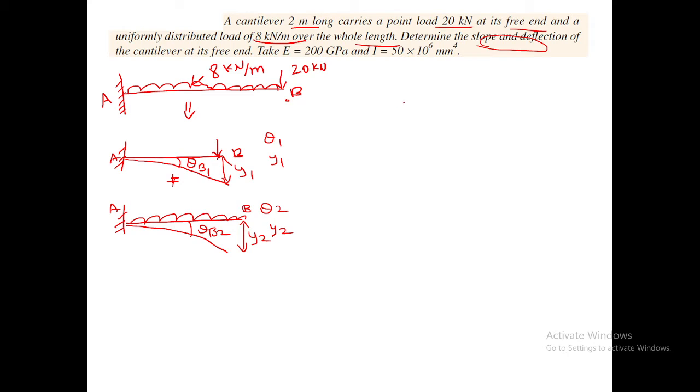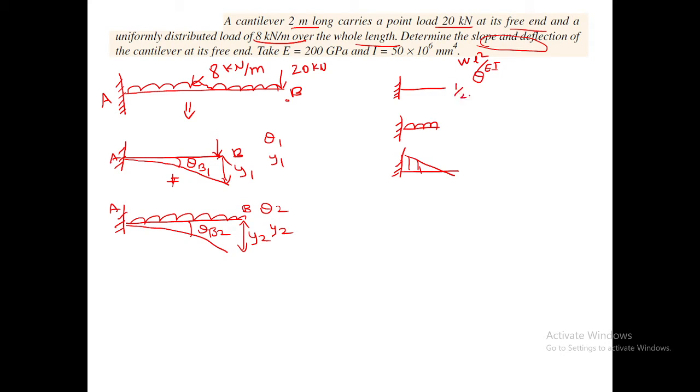So I am using one shortcut for solving this problem. Cantilever beam with point load, cantilever beam with uniformly distributed load, cantilever beam with uniformly varying load. First, W L squared by EI, this is to find the slope.